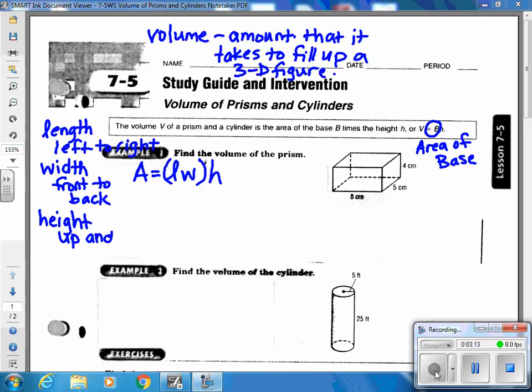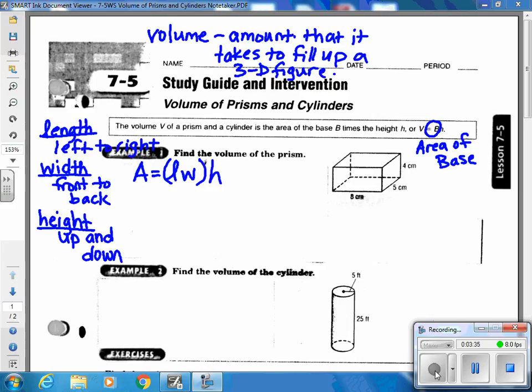So you want to make sure that you're getting the numbers in the correct spot for the correct letters, because as our formulas start getting longer, you're going to see different things in different places for the L, W, and H, and if you don't put it in the right spot, it will affect your math. For this one, you can kind of get away with mixing them up, and it'll give you the right answer, but in future problems it won't. So you might as well train yourself now to put them in the right spot at the right time.